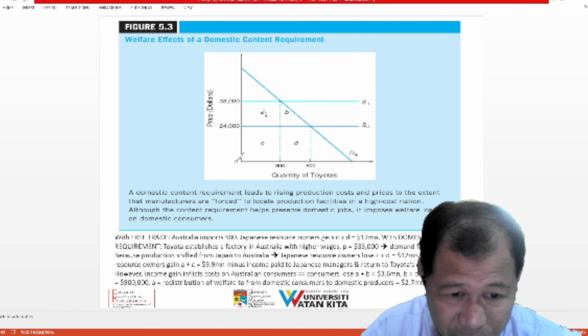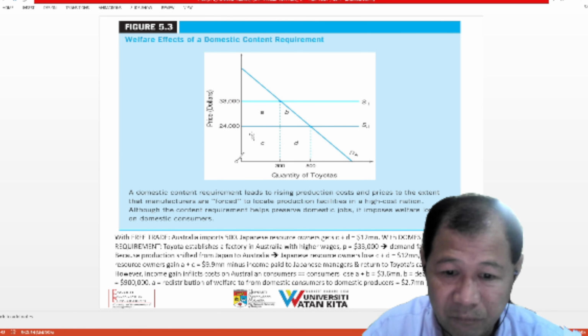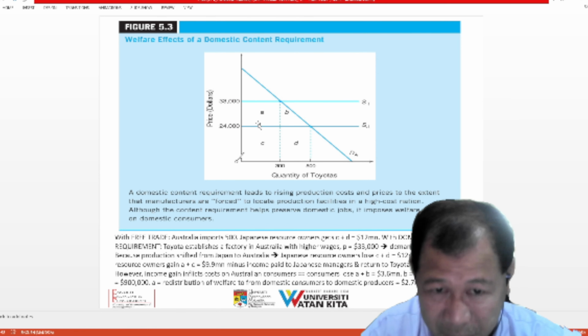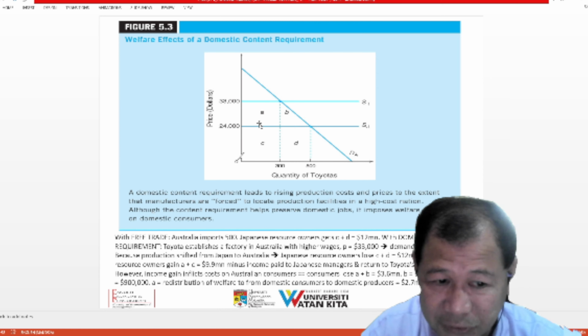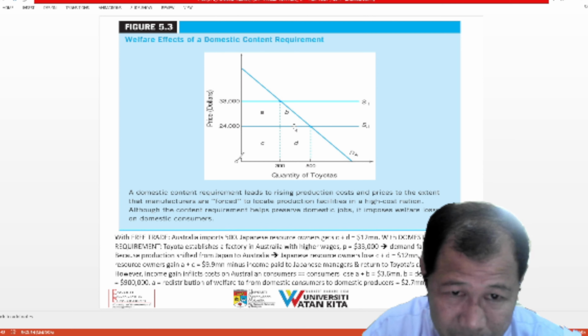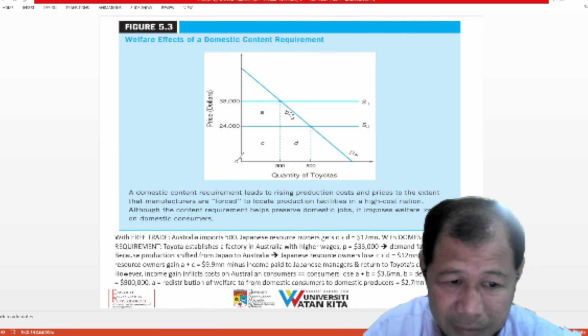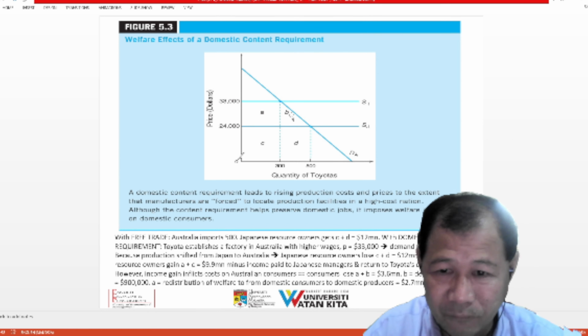Here, A is no problem. A is a redistribution of welfare from domestic consumers to domestic producers. You can calculate that. But B doesn't go to anyone. So B is a deadweight loss.